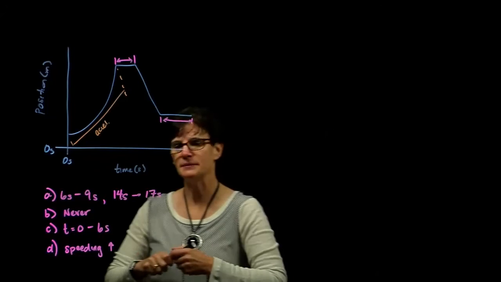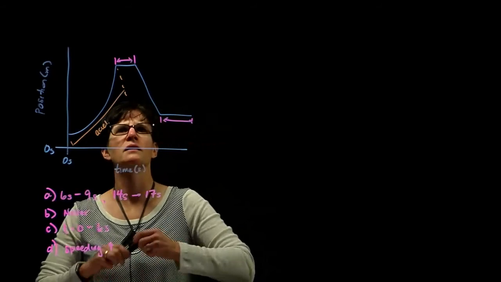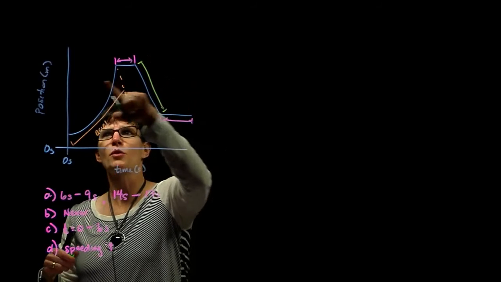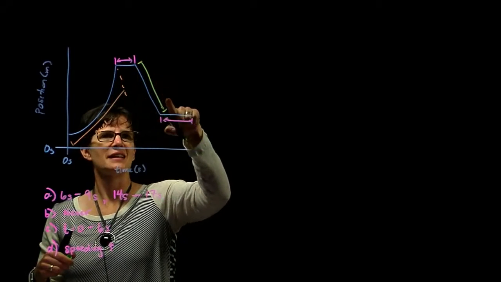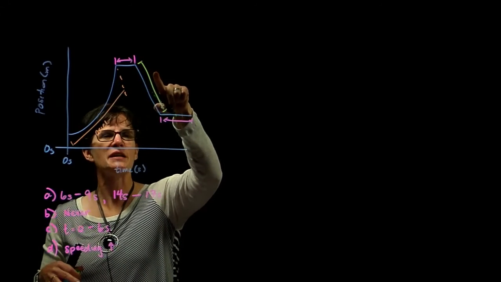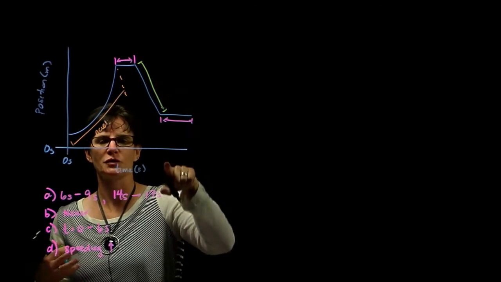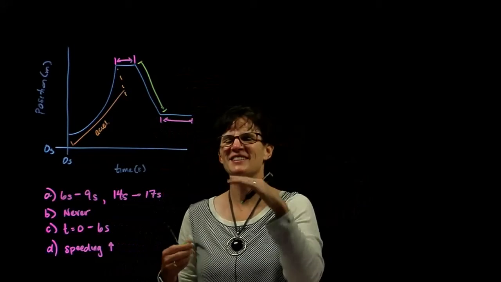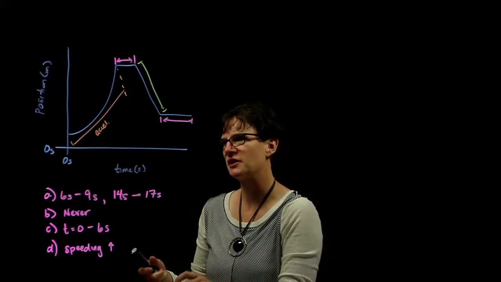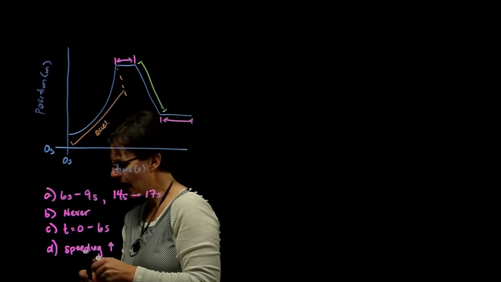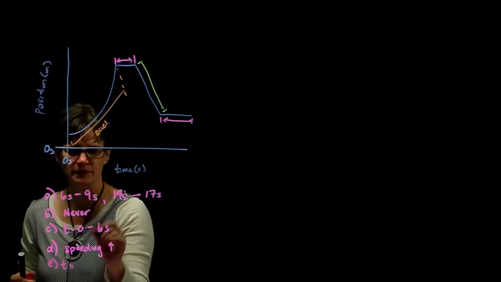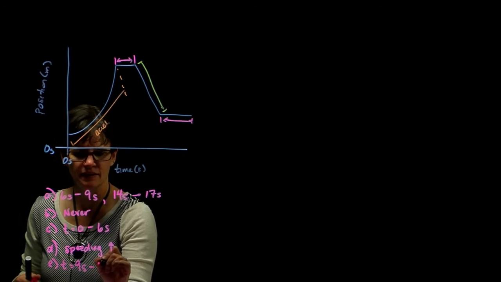And that happens during this part of the graph. I'm at some position, and as time goes on, I'm getting closer and closer to the origin and I'm on the right side of the origin, and so I'm moving in the negative direction. So that happens between time equals 9 seconds and 14 seconds.